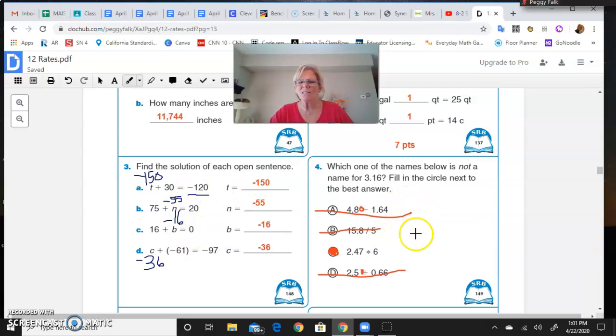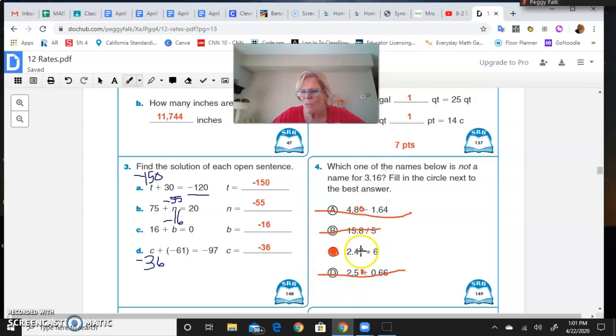Okay, which one of these is not a name for $3.16? Think. Well, I looked at letter A, and I added a 0 here to make it $4.80 minus $1.64. Well, I already know that if I borrow here and this is 10, 10 minus 4 is 6. So right away, I knew that wasn't one of the answers. Here, I just divided, and I got $3.16.